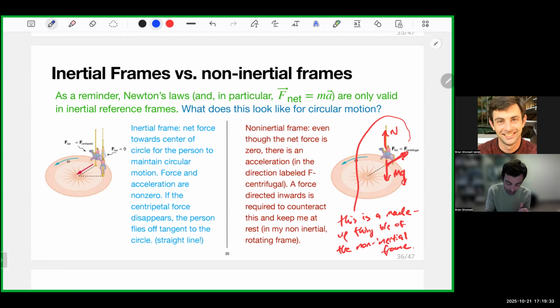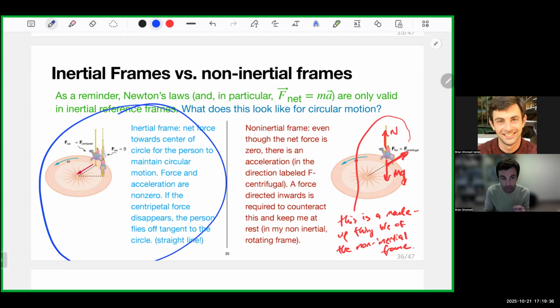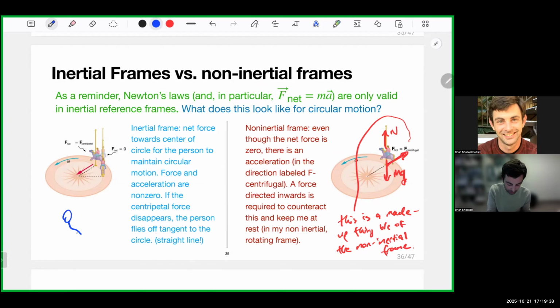What's better is that if you're in an inertial frame, someone standing outside of the merry-go-round, you recognize that there are no such things as these fake forces. You have mg and you have a normal force, and the only way for this horse to keep moving in the circle is for there to be an actual inwards force.